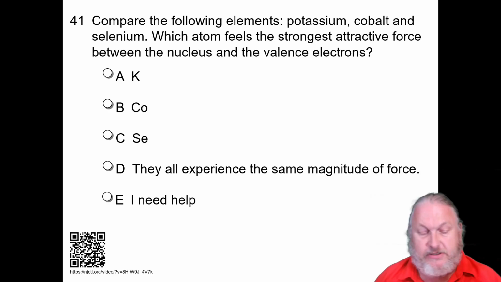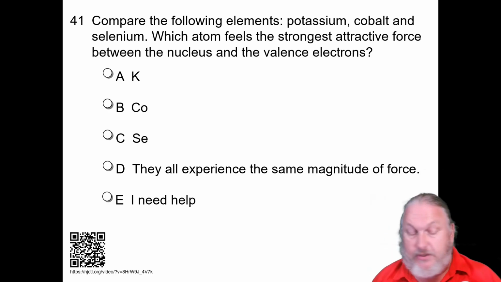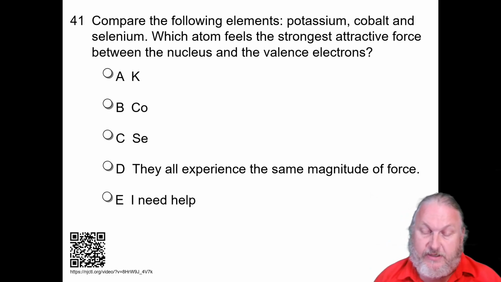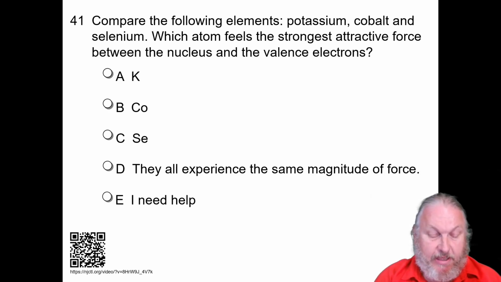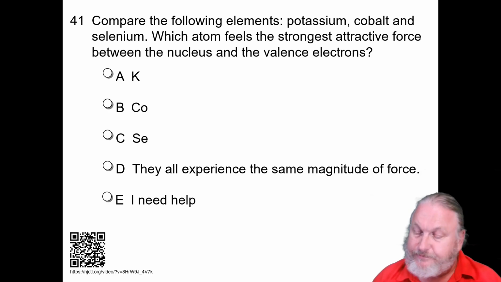Selenium is in the 4p, the 4th energy level. So the Zeff for 3d is going to be less. Cobalt doesn't have that many valence electrons, it's going to have 2 max.